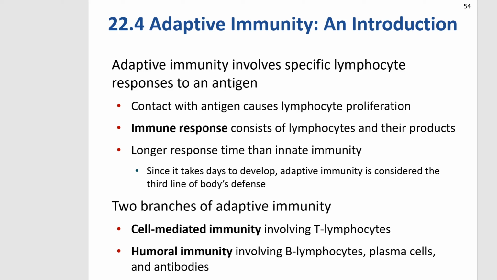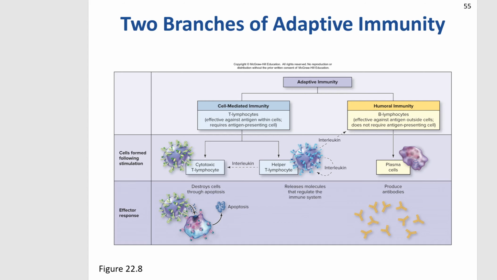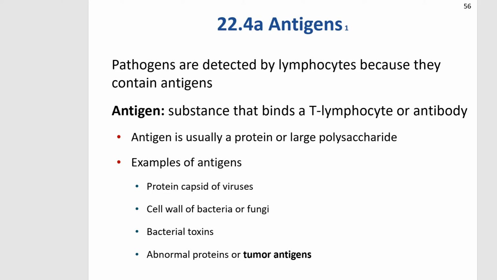So humoral immunity comes from antibodies just being produced and released into the blood and other tissues. And cell-mediated involves T lymphocytes, and these will actually have to go to the site of infection and go after the cells directly. All right, so here they are kind of together.